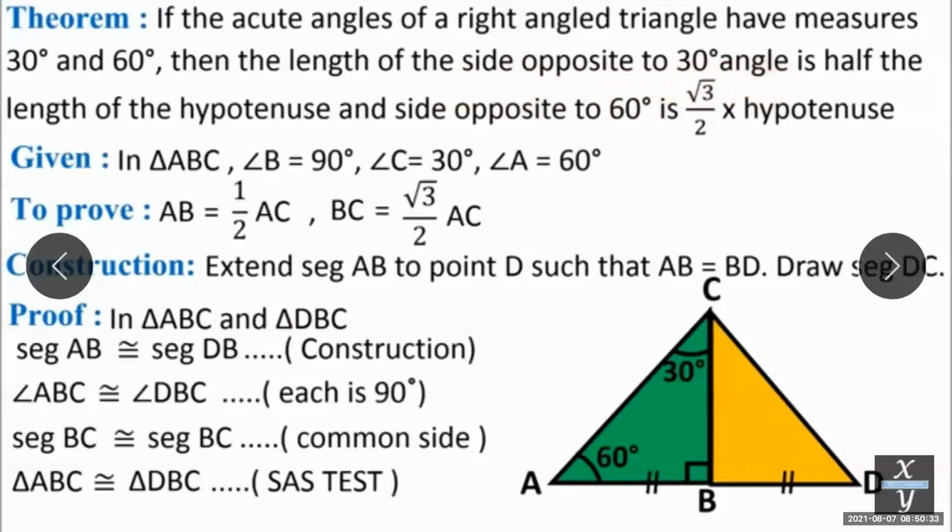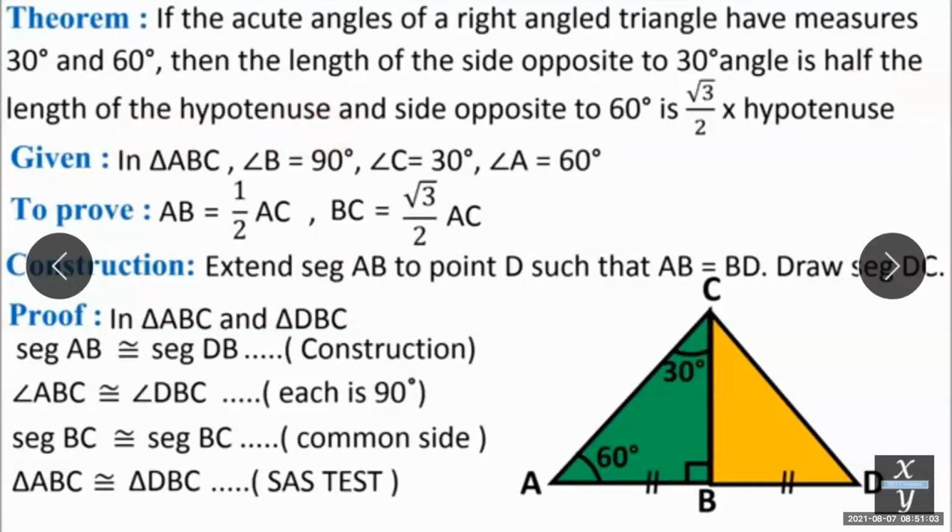Now see in the diagram, here is angle 30 degree and the length of side opposite to 30. What it said, side opposite to 30 degree. So this is the side opposite to 30 degree, side AB. That side is half the length of hypotenuse.